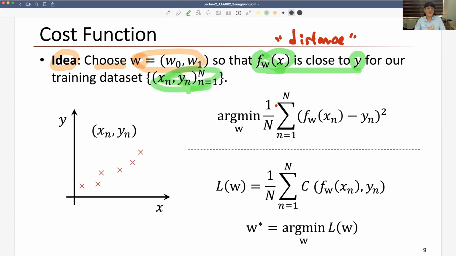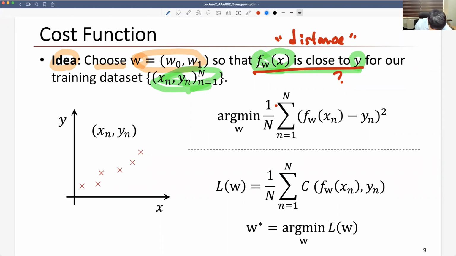This is our idea. And how can we define this distance? How can we say that the estimated f_W(x) is close to the ground truth y? How can we measure this? To answer this question, we need some kind of distance function, or norm, or measure.